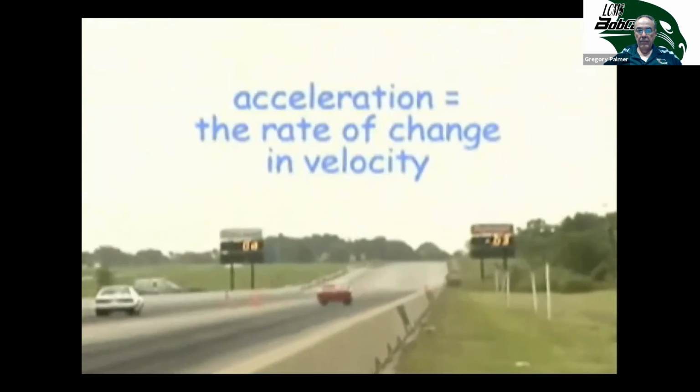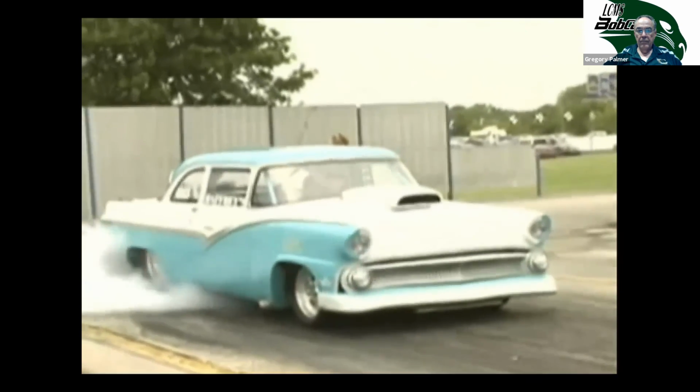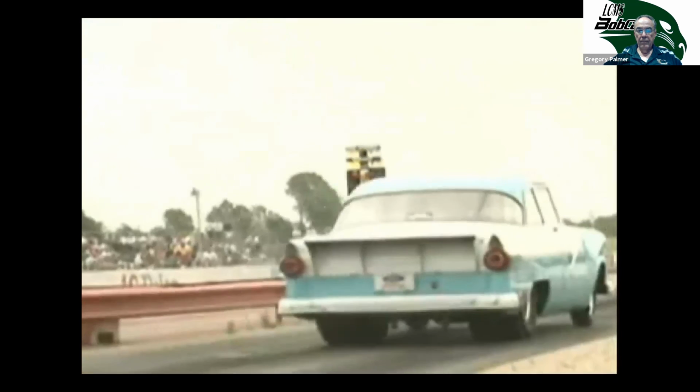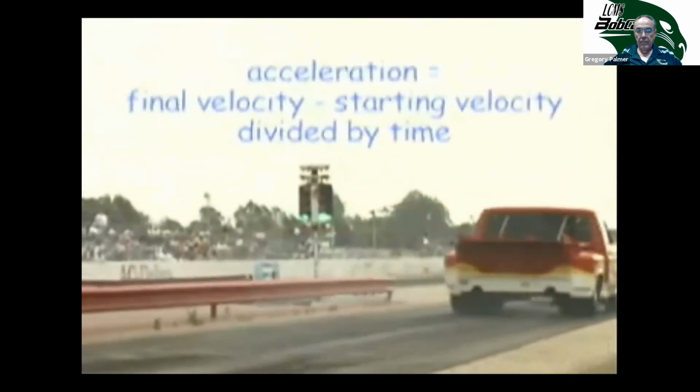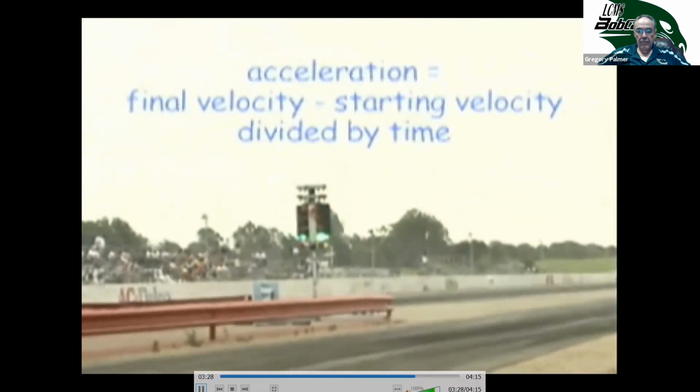We usually think of acceleration as the speeding up of an object, but there is more to it than that. Acceleration is calculated using the following formula. Acceleration equals the final velocity minus the starting velocity divided by the time taken to change the velocity. Notice the ending minus the beginning divided by the time it takes.